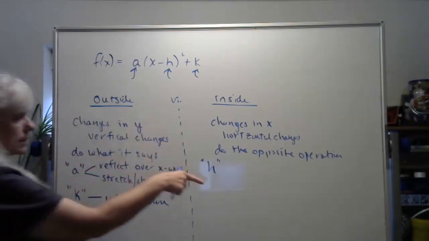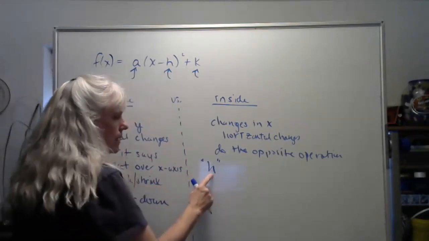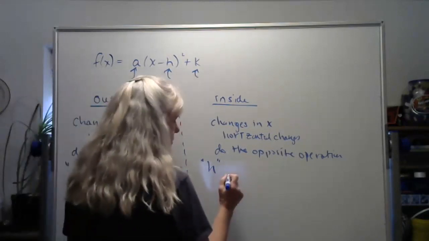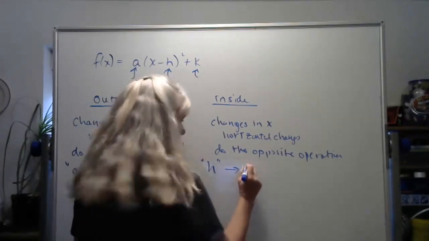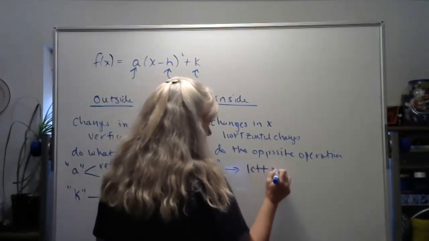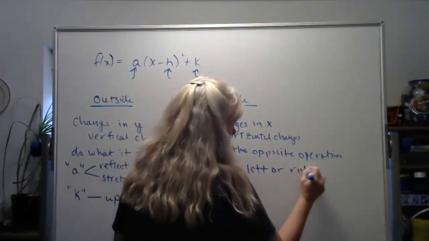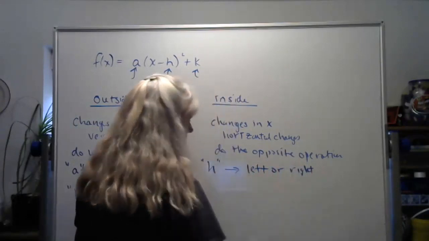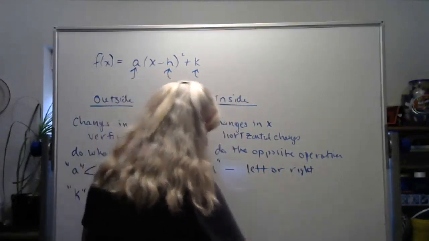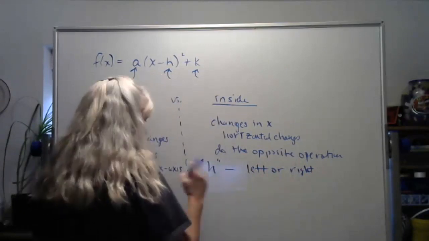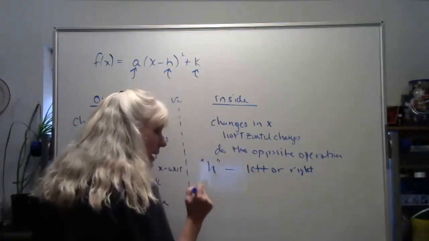Okay, so moving across to the inside, the h that's on the inside is going to move it left or right. And we also just need to make ourselves a comment about a negative on the inside.